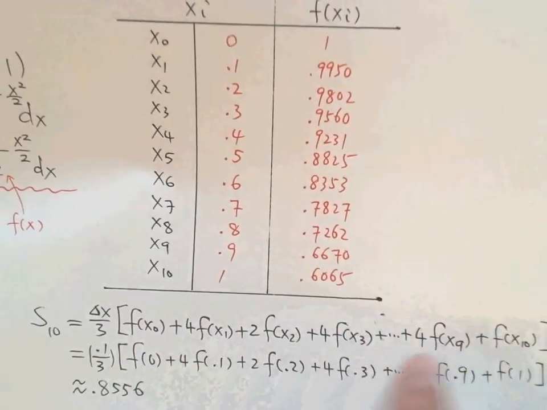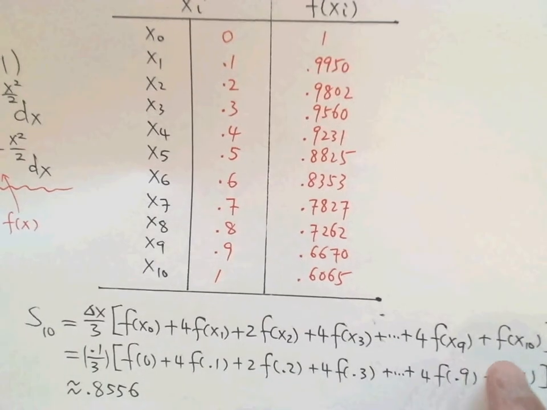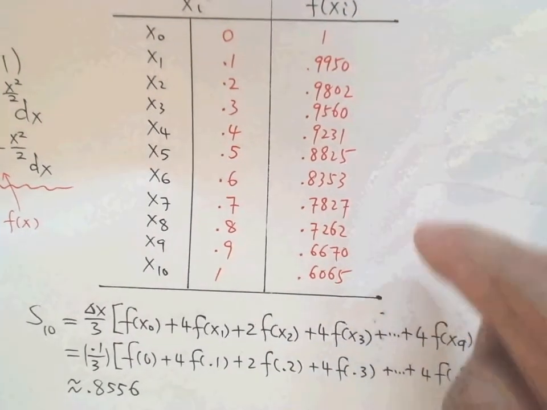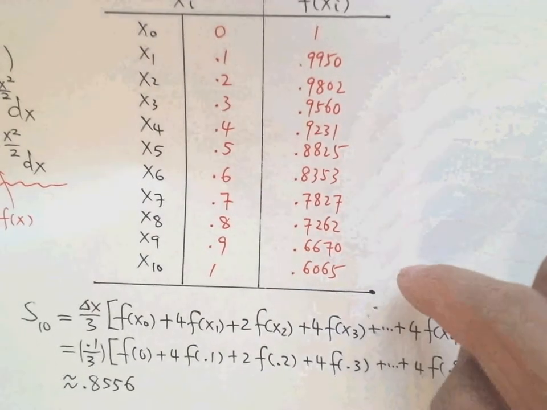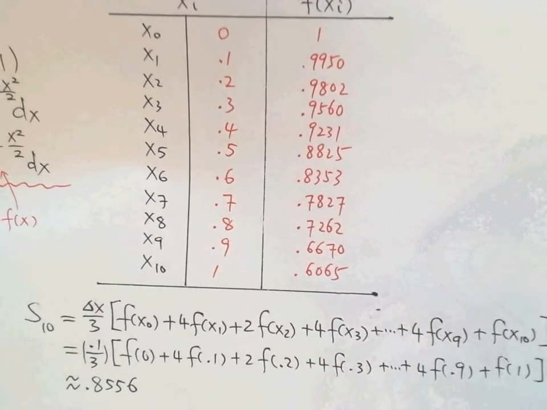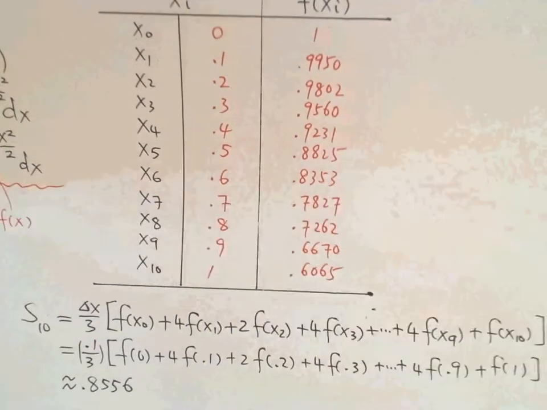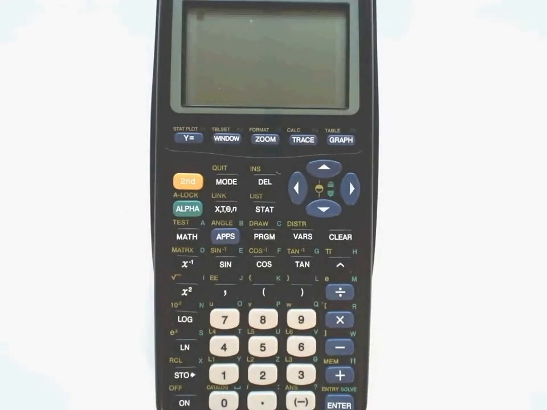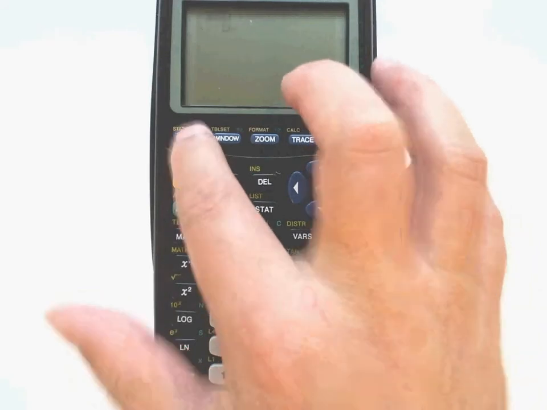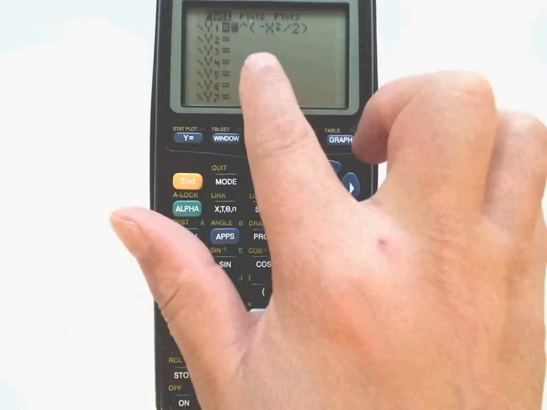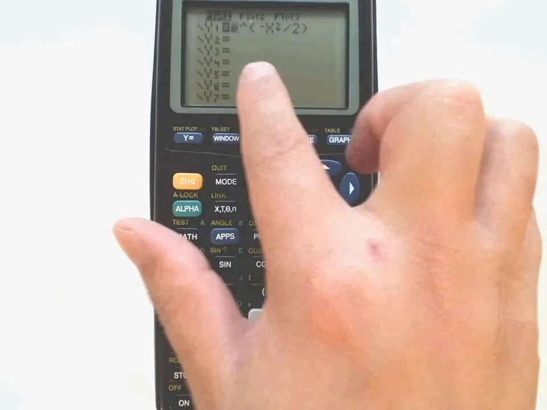For the frequency, 1, 4, 2, 4, and so on, I put it into L3, and then we analyze L2 and L3, the two columns, using the one-variable stats function in the calculator. I already defined the function in Y1.